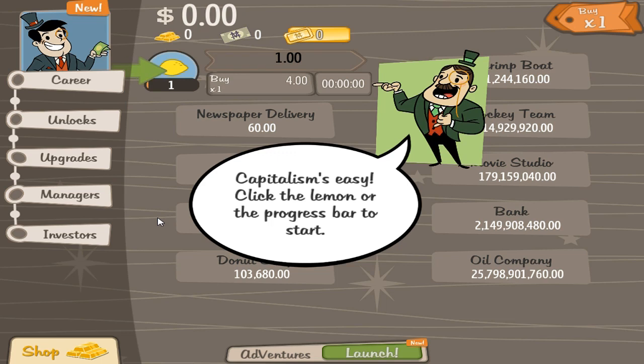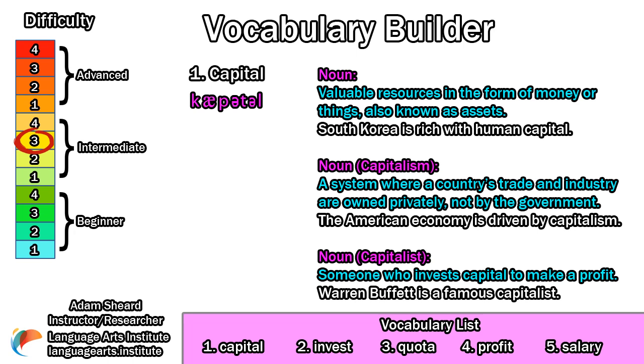So what is capitalism? What is capital? As a noun, it's valuable resources in the form of money or things, also known as assets. So for example, South Korea is rich with human capital.